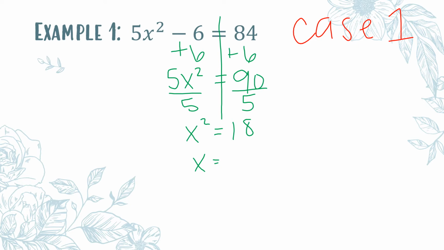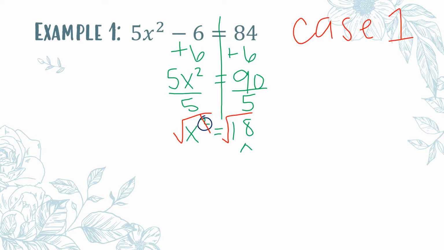Okay, so to get rid of my exponent, the opposite of squaring something is taking the square root. So that will cancel out that 2. And whatever you do to one side, you have to do to the other side. Okay, so now what I need to do is actually break down 18 and simplify this radical.